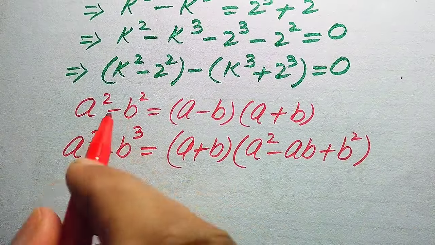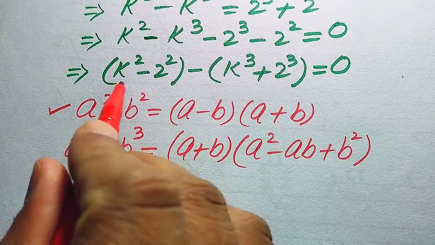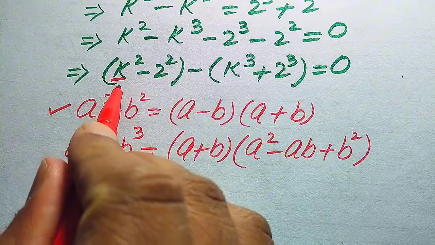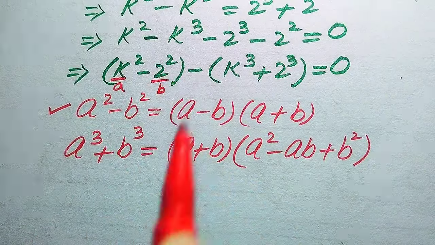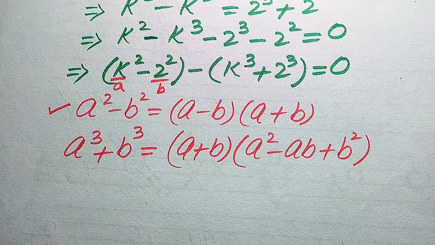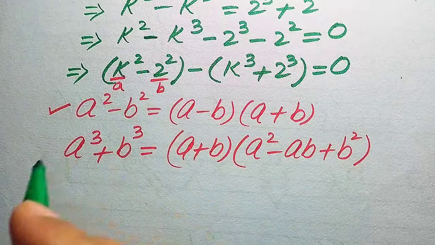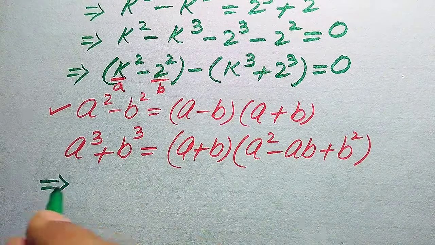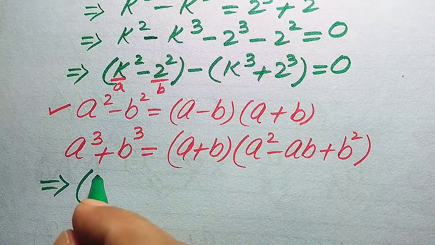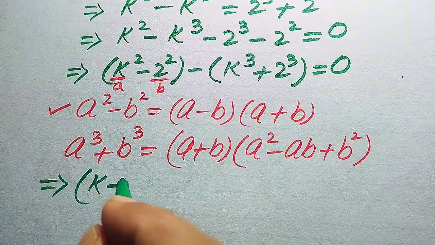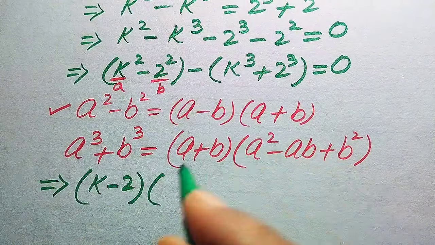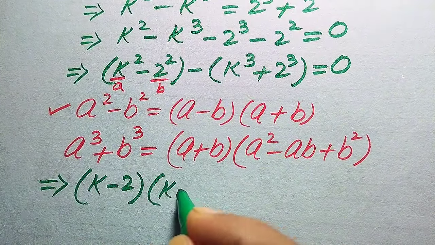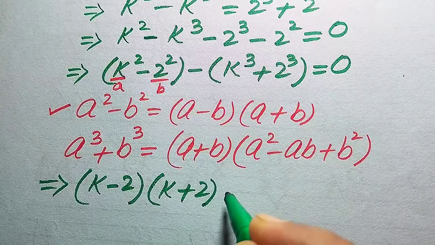Here we use this formula on this term, where the base of this term is our a and the base of this term is our b. First we apply the first formula to the first term, and it is written as a minus b into a plus b. Here our a is k and b is 2.